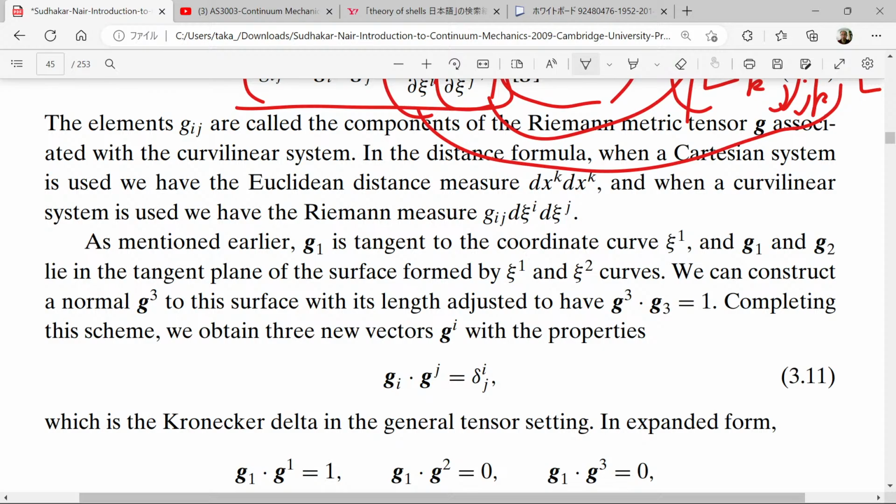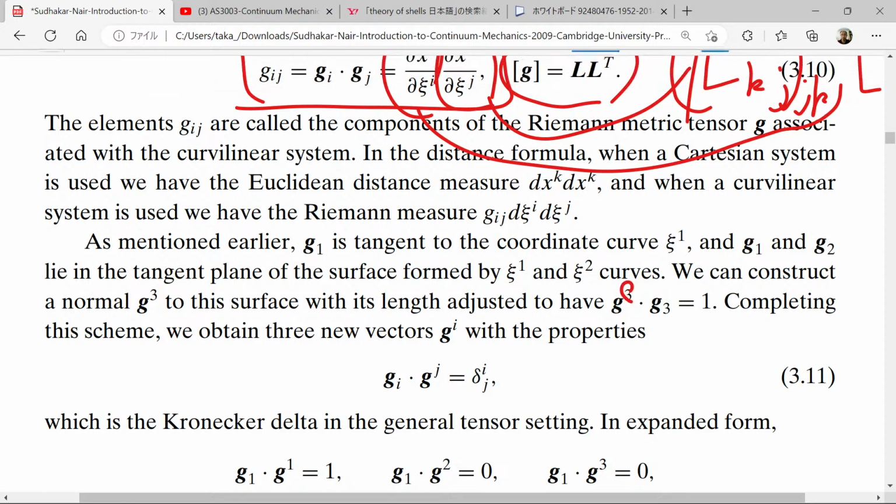We can construct a normal G3 to this surface with its length adjusted to have G3 up, G3 down equal 1.